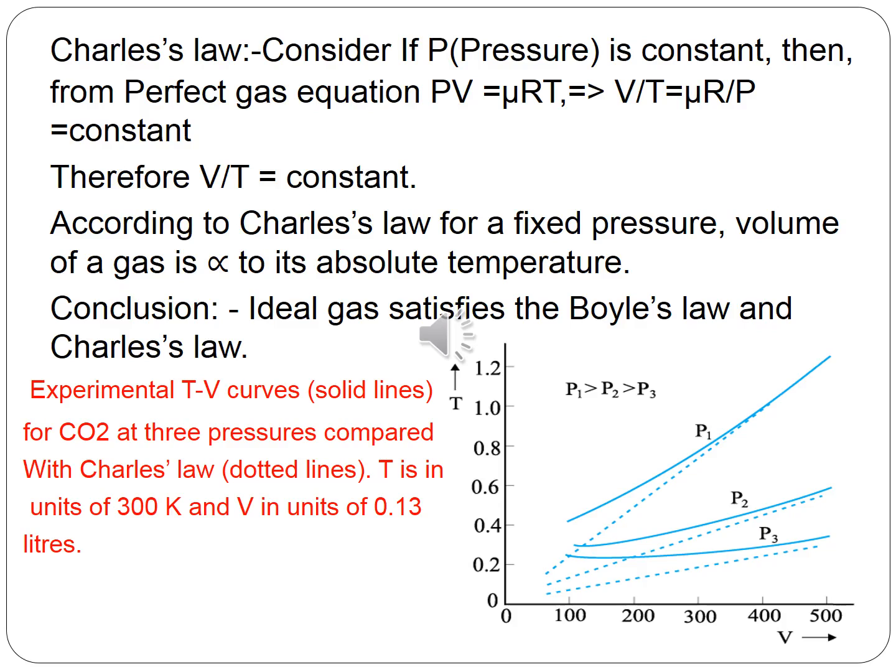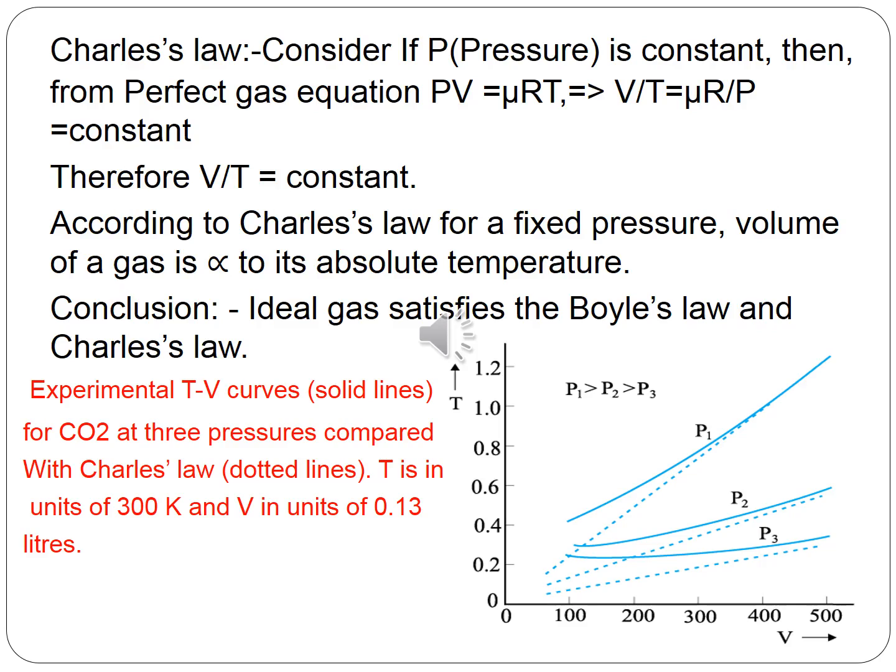Then from the ideal gas equation, PV is equal to nRT, V by T is equal to nR by P, which is equal to a constant. Therefore, V by T is equal to a constant. It is the mathematical form of Charles' law, which was deduced from the ideal gas equation.